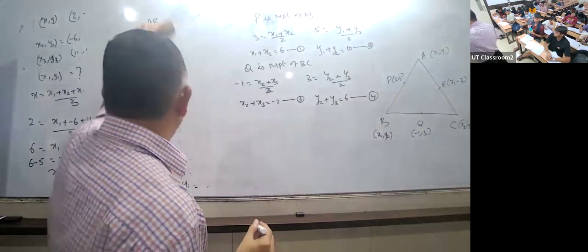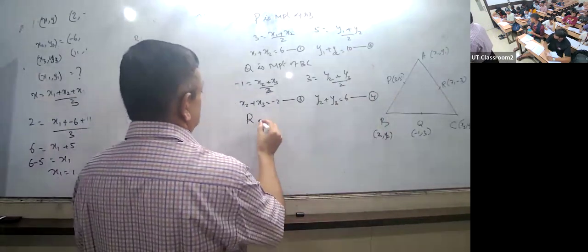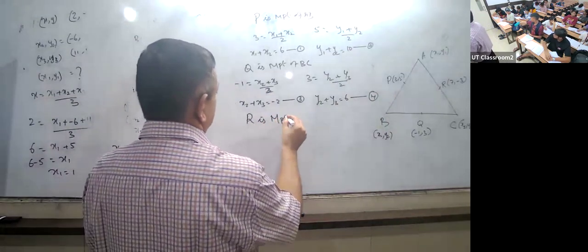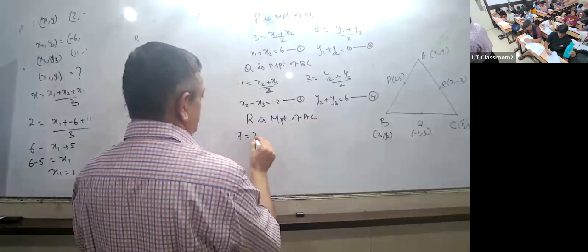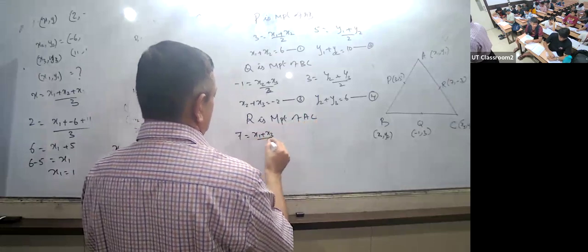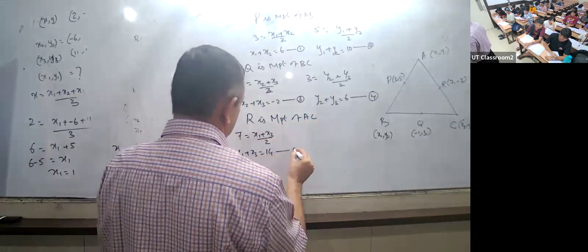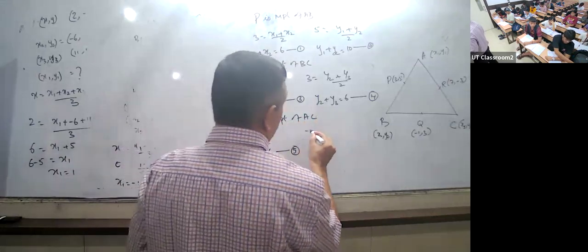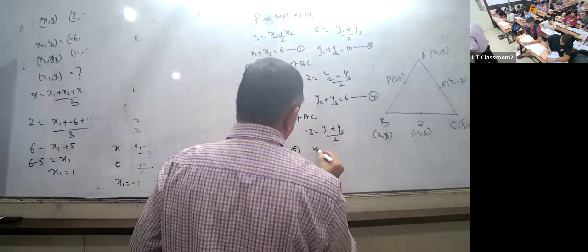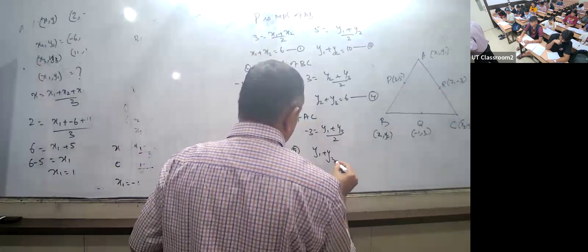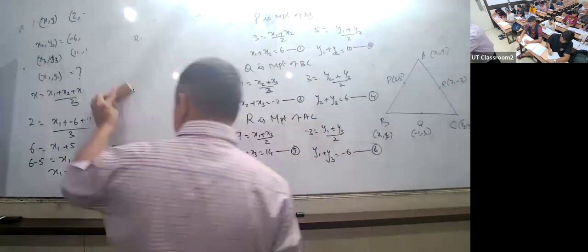Then the third one, R is the midpoint of AC. Therefore, 7 is equal to (x1 plus x3) by 2, so x1 plus x3 is 14, equation 5. And -3 is equal to (y1 plus y3) divided by 2, so y1 plus y3 is equal to -6, equation 6. So you got 6 equations.